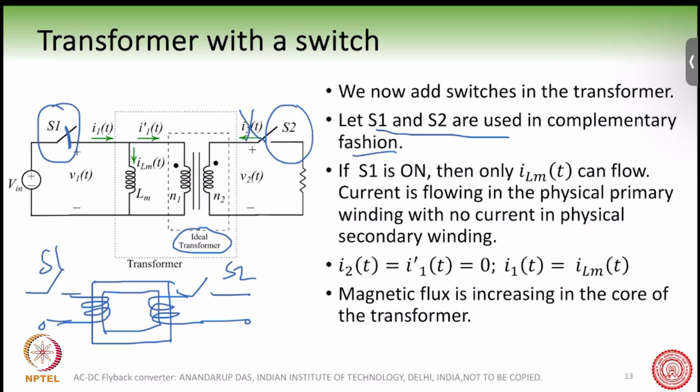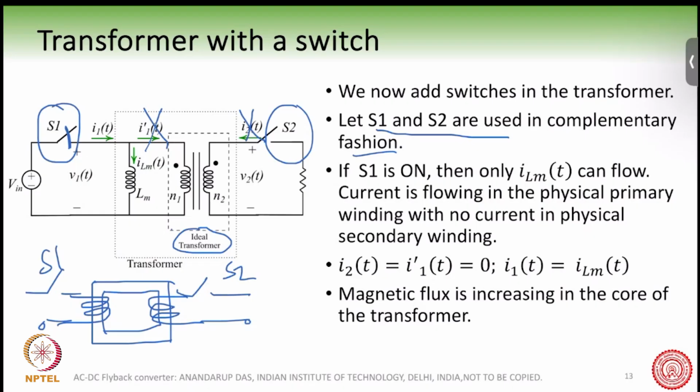I2 is not flowing, therefore I1 dash cannot flow, because this is an ideal transformer. It has to maintain the MMF equation, and so I1 dash N1 plus I2 N2 should be equal to 0. So here I1 dash cannot flow because I2 equals 0.